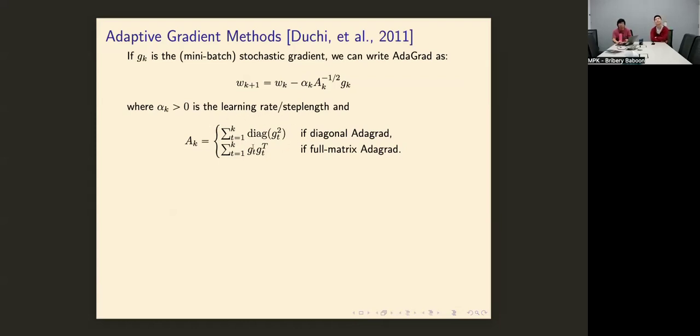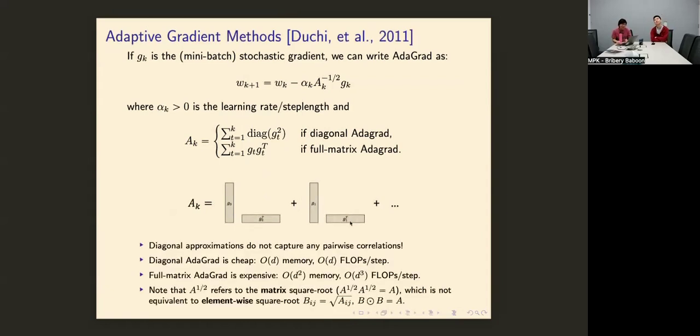But the other method he proposed was this version of full matrix Adagrad, where you would aggregate the outer products of the gradients themselves. The picture is that instead of just aggregating the squared components of these gradients, I can instead take the outer product of each individual gradient and sum them together.